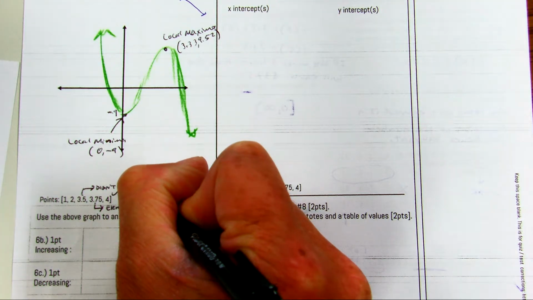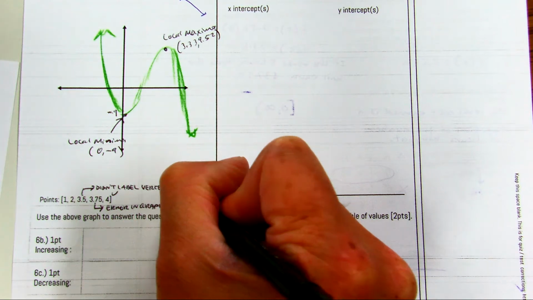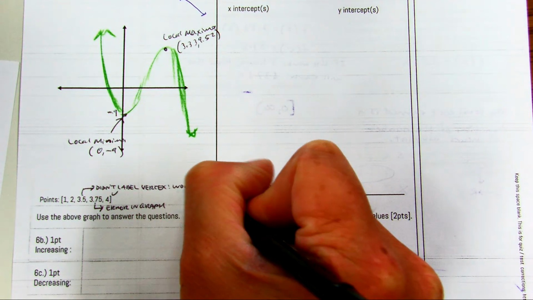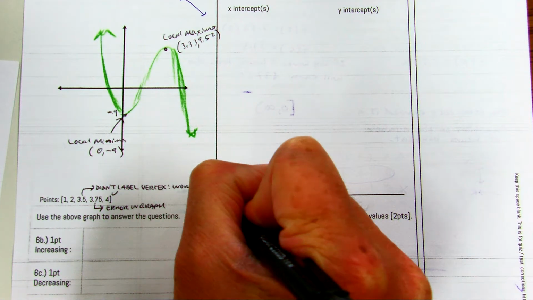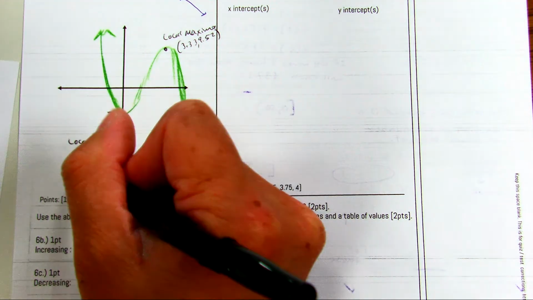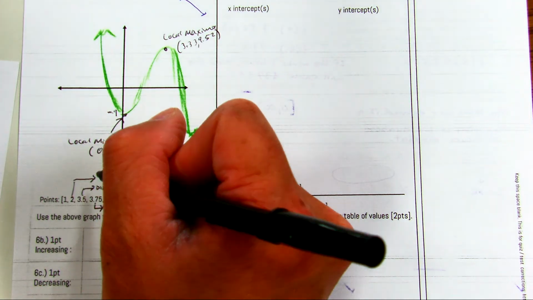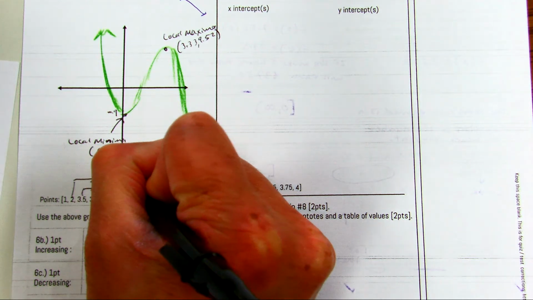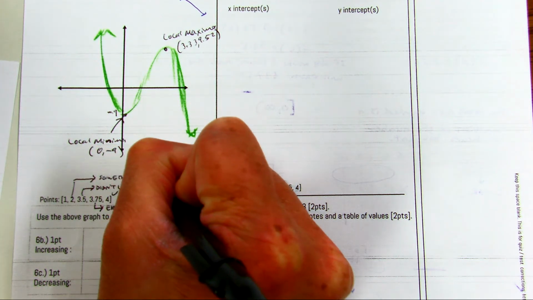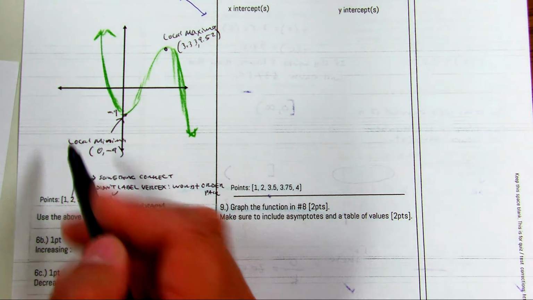So you need both words, local, and the ordered pair. 2 points: something correct. Maybe you just have the graph, something correct. I guess I'd give you 3.5 if you just graphed it right. And then 1 point for trying.